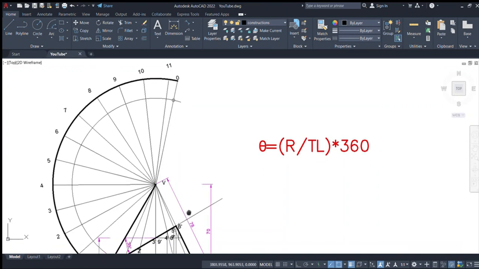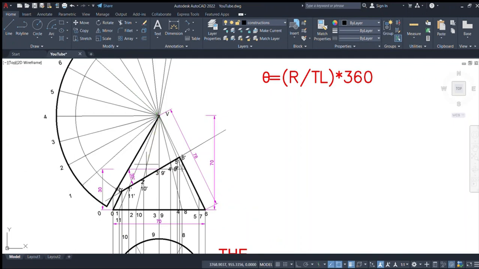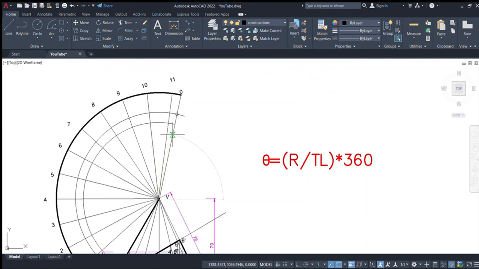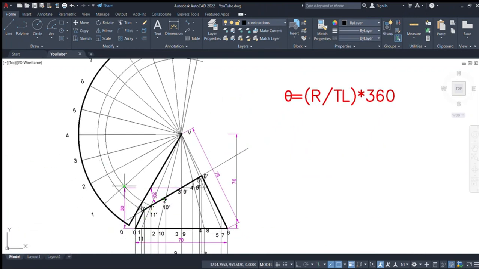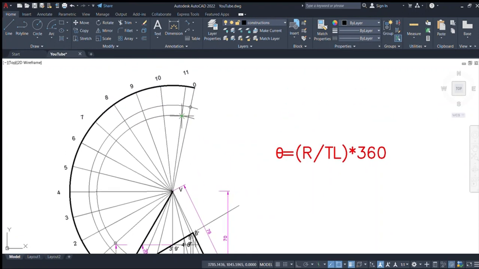So do the same. Come to point V and 1. V1 prime as the radius, V as the center. Let's have an arc. So this line 1 and 11, they are constructed by that arc, so we mark those points.